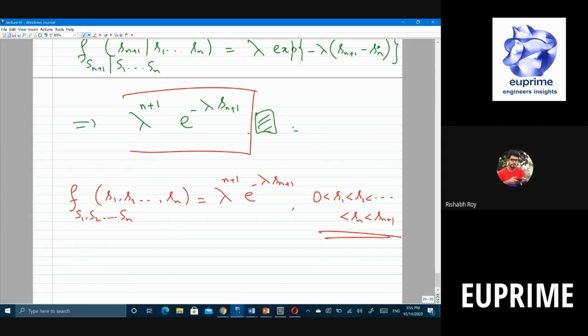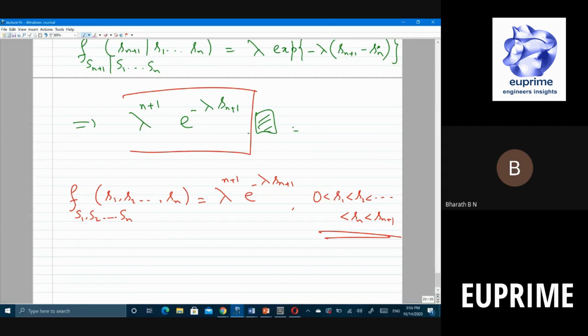See, sir, Sn plus 1 greater than Sn. Yes, this is because of the renewal process, right? From the definition of renewal process we can infer this. That Sn plus 1 is greater than Sn is by definition, right? What is Sn plus 1? It is the n plus 1th arrival instant.